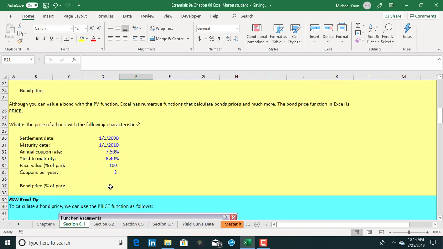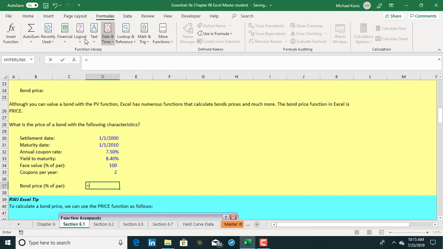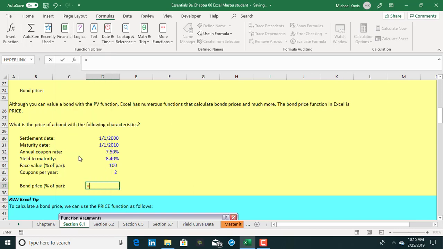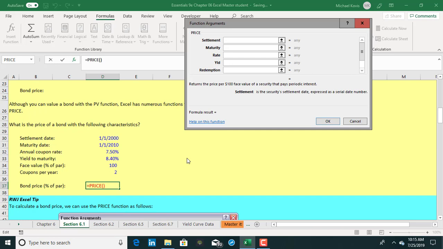Next one, we need to figure out what the price as a percent of par is. Equal sign. New formula we're going to use is price, under Financial, and the formula opens. So the settlement is listed, maturity, and again we have to enter these as dates.